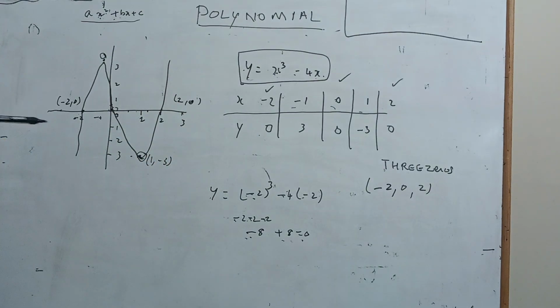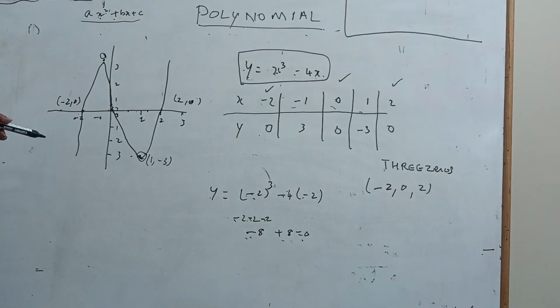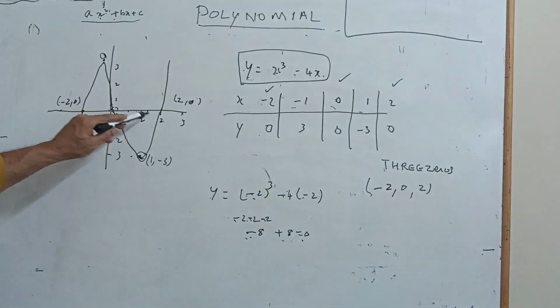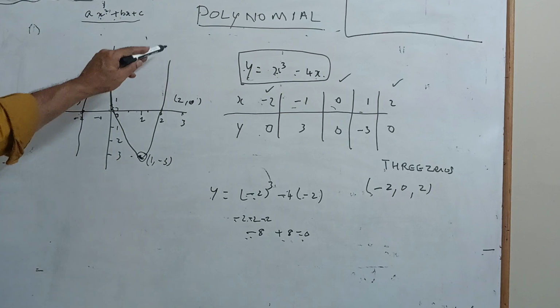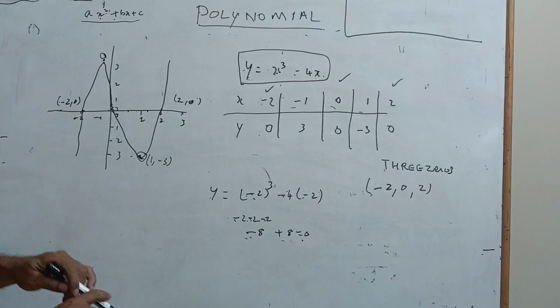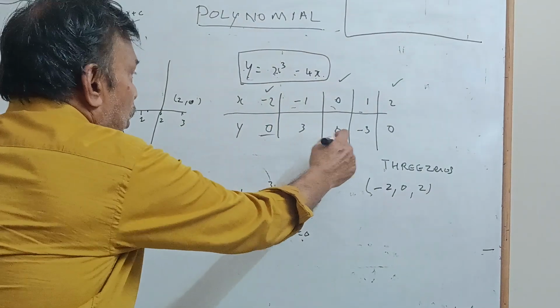Okay, now this graph intersects, that is, it cuts the x-axis at 3 points. That is at -2 and 0 and 2. So at 3 places the graph cuts the x-axis. At all the places you see the value of y is 0. Here 0.